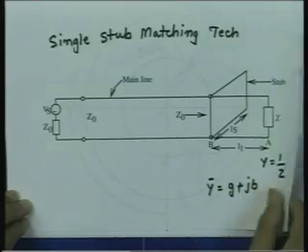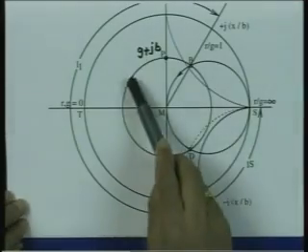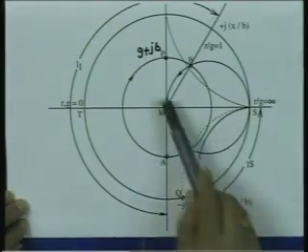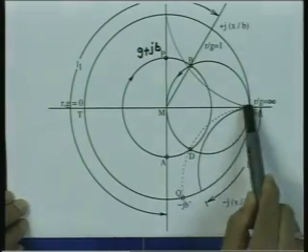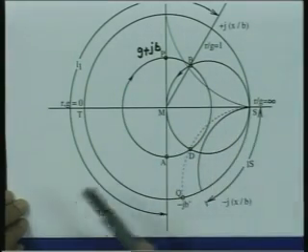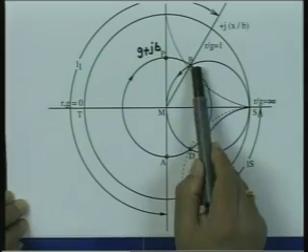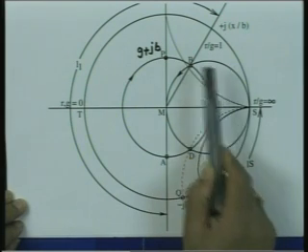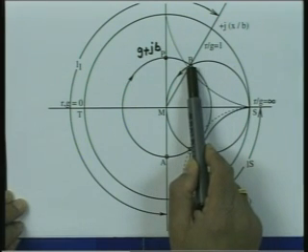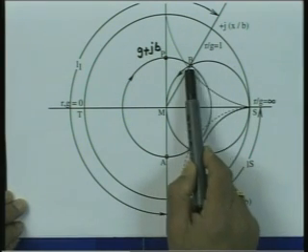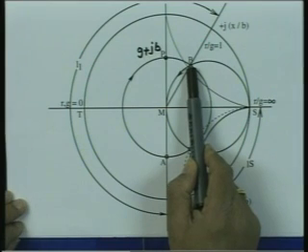So, when I move on this circle, I find that whenever this circle intersects this G equal to 1 circle, the conductive part has become equal to 1. So, at this location B, I have the normalized conductance G equal to 1.